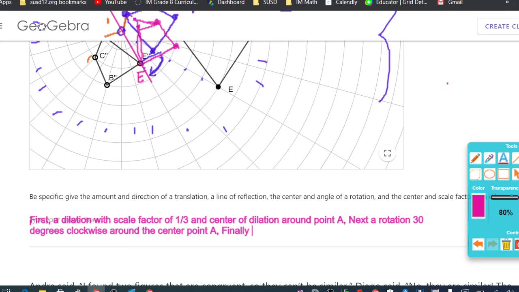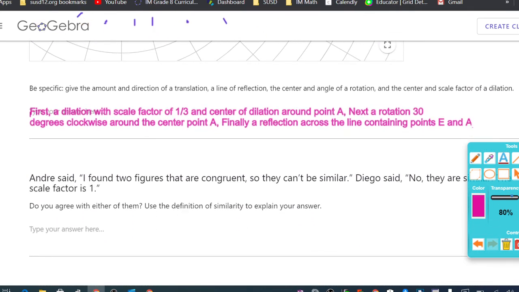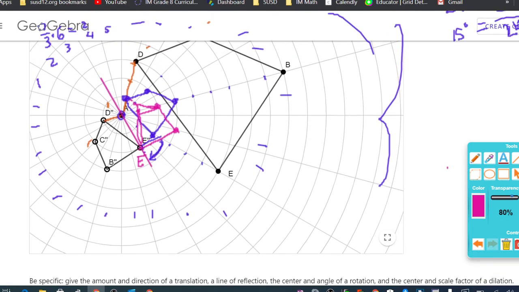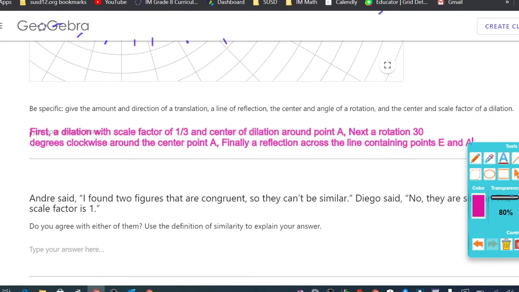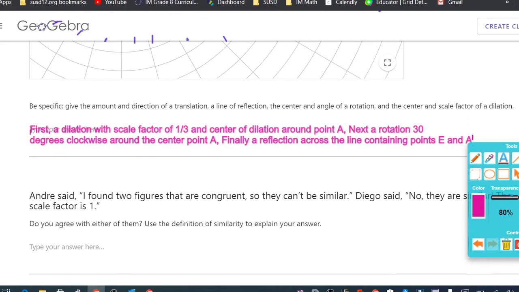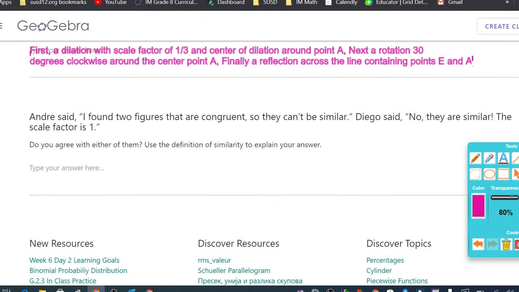Finally, a reflection across the line containing points E and A. Okay, there's the answer. I want you to type that in. You followed along and you saw what I did, but please type in your answer so that I can see you followed along and saw what I did. Let's keep going.